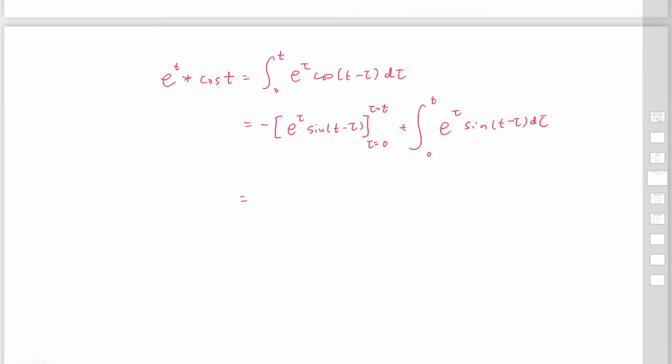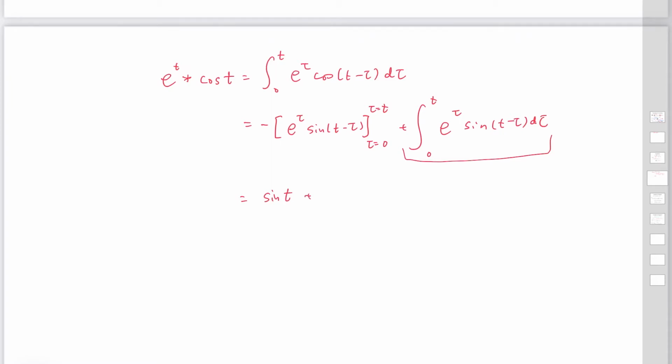We'd like to substitute tau equal t. Then sine 0 equals 0. Then we substitute tau equals 0. It becomes minus minus, which becomes sine t. And then one more time, we'd like to perform integration by parts on the second term.